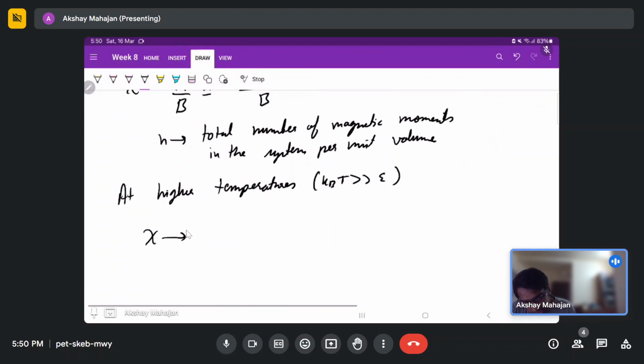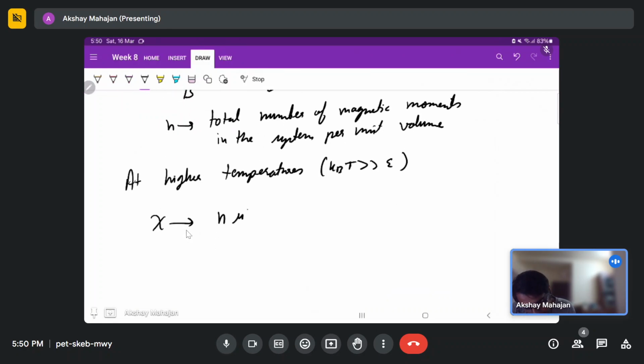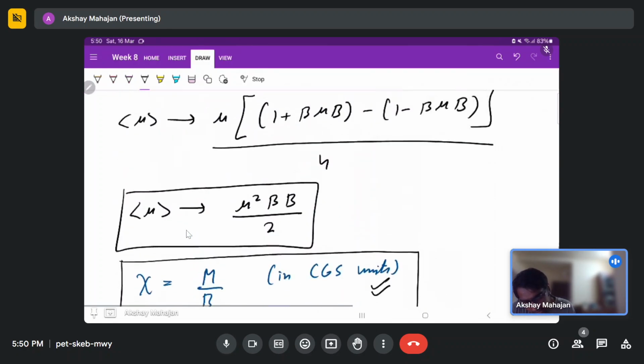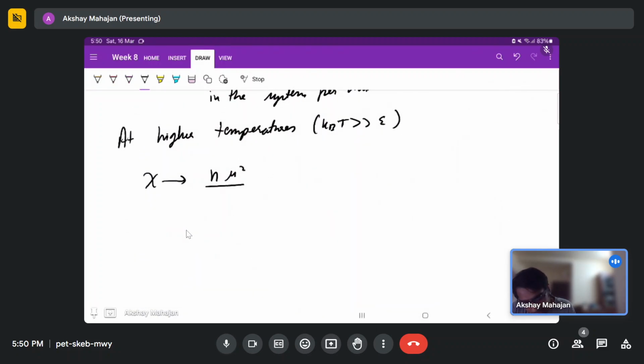So this will tend towards n times whatever your average energy u is, it will be nu square. Basically B will just cancel out from here. So n nu square by beta, and beta you can write as 1 by kBT. So this is your final answer.